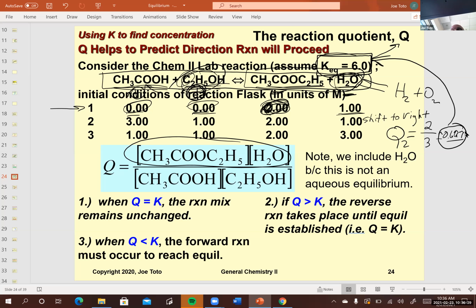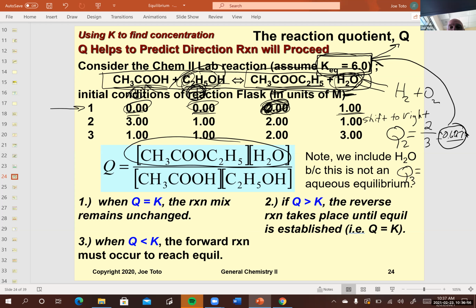Any questions on that one? How about number 3? Which way is that going to shift? It'll stay the same. Why? Because Q equals K. Yeah.